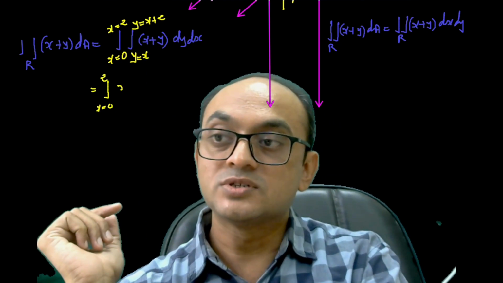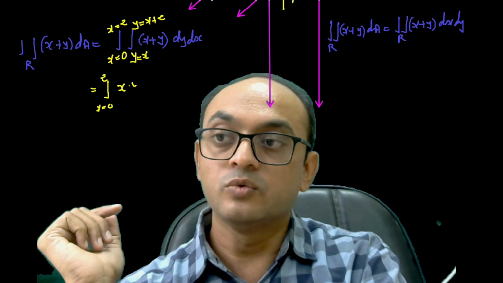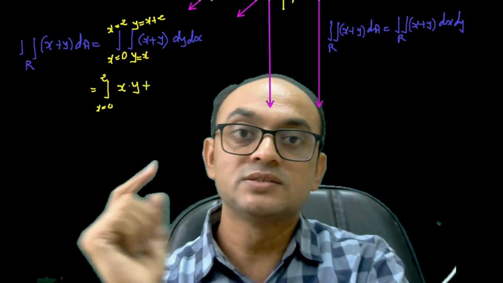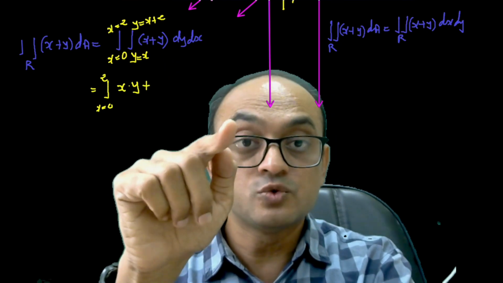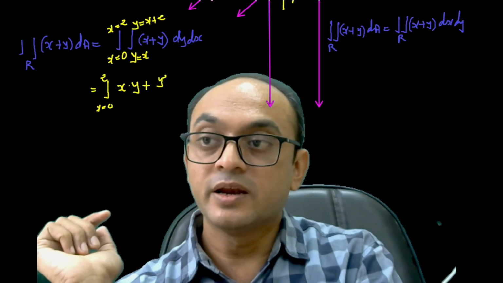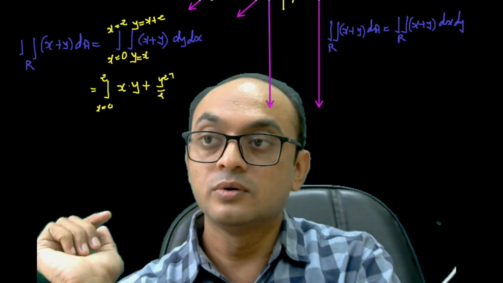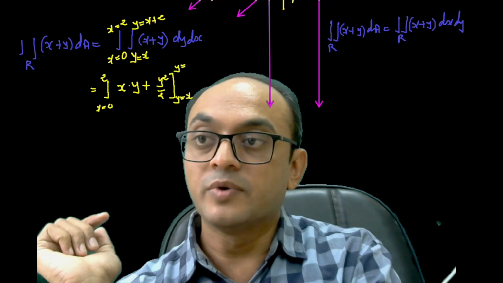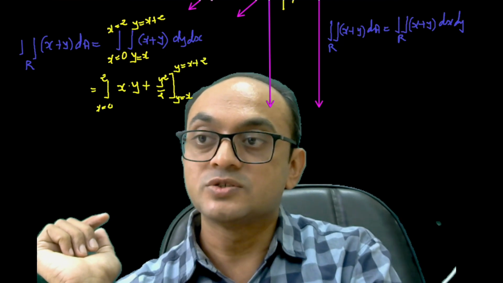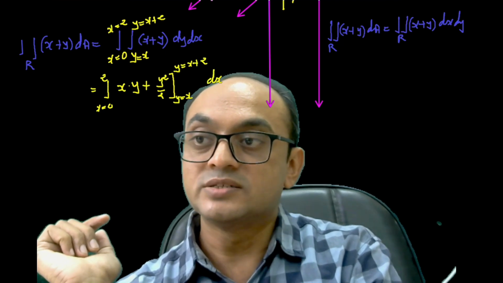So x is constant, then the remaining quantity is 1, which has integration y, plus now this is y. The integration of y with respect to y is what? y square divided by 2. Then the lower limit is y equal to x, upper limit is y equal to x plus 2, and dx is remaining.